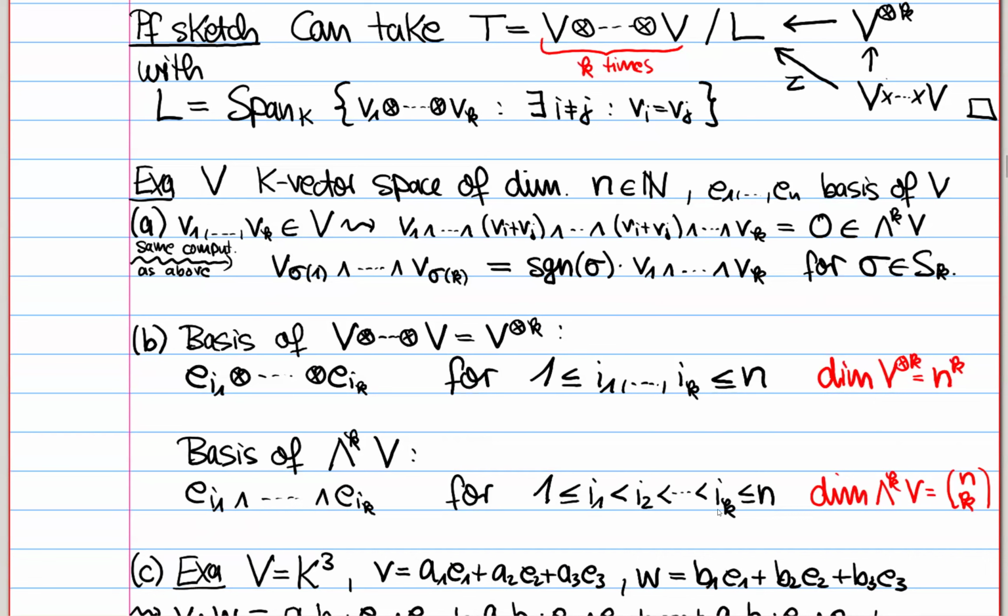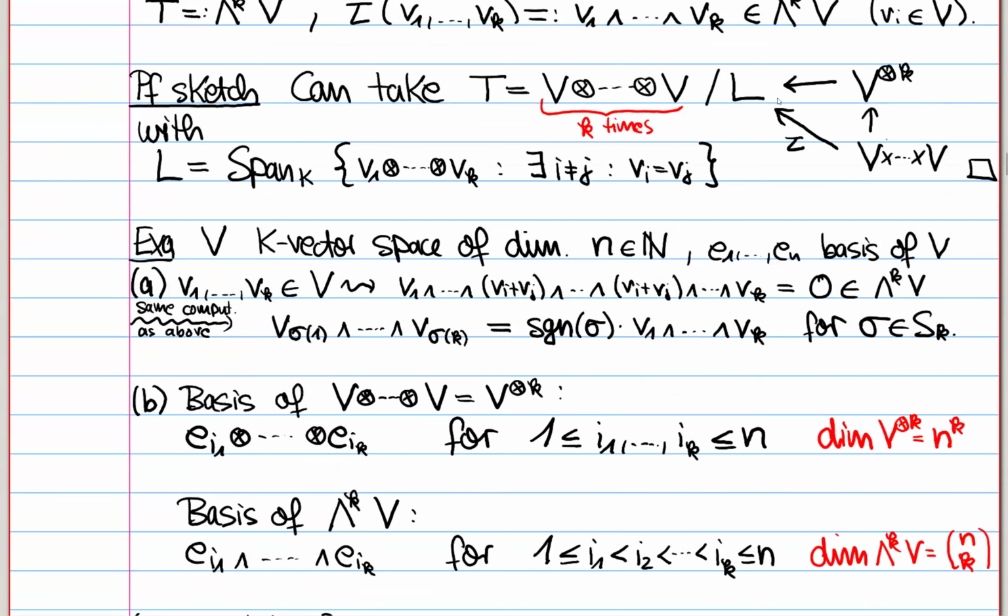And by what we just discussed, every element here can be written as a linear combination of such things. This comes from the fact that this here is a surjective map. And so every element in V tensor k could be written as a linear combination here. So any element in this quotient can be written as a linear combination of such things.